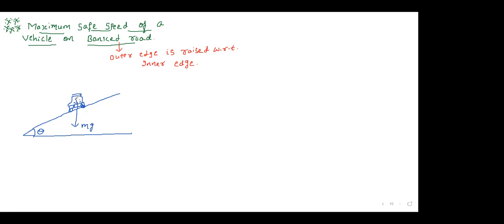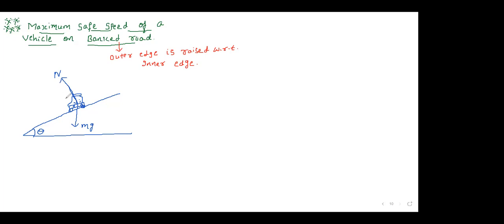The normal reaction should act perpendicular to the surface. So this is the normal reaction. It is not vertically upward, students. Why is it not vertically upward? Because the road is inclined by an angle theta. So the normal reaction can't be vertically upward. It is also inclined.